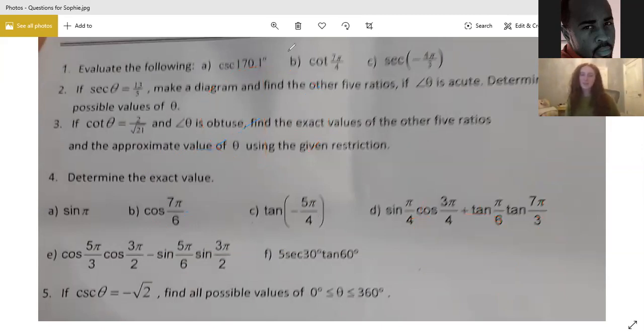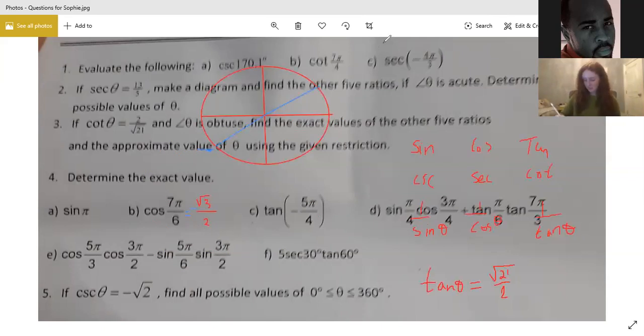Okay, so basically what I figured is that the cosecant is the sine one, right? Yes. So I figured that sine of theta is going to be 1 over negative root 2. So I inverse sined that, which gave me negative 45.